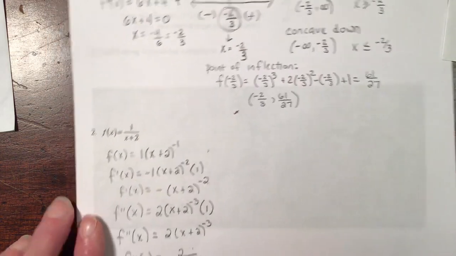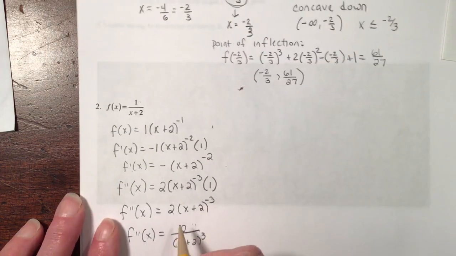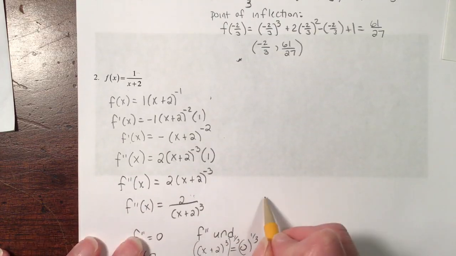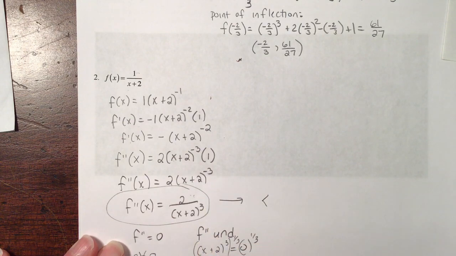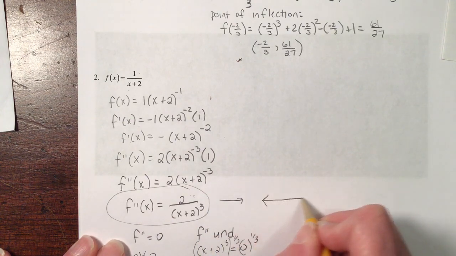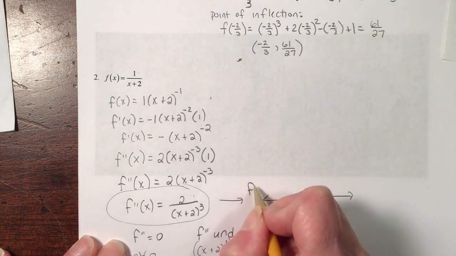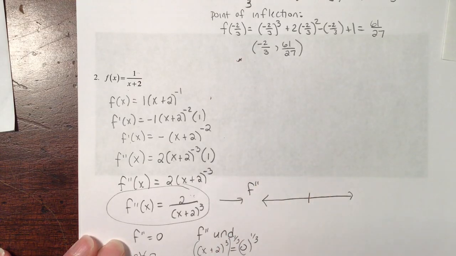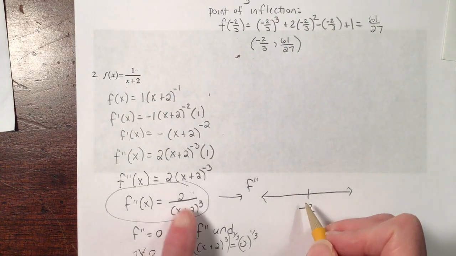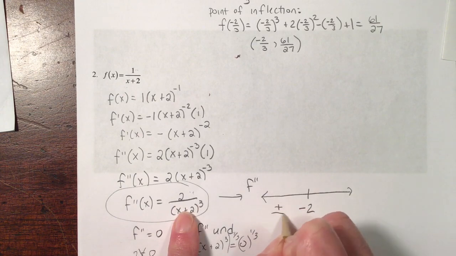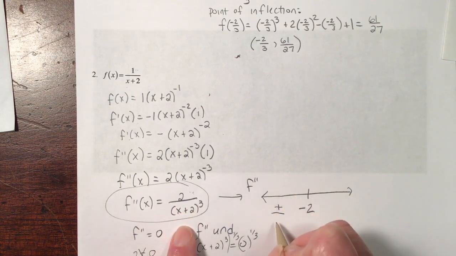I'm going to go back up. I'm going to make my number line for the second derivative. Notice, I pick the nice function here because it's easy to evaluate. Second derivative, -2. Pick a number less than -2. What's happening? When I have a number less than -2, my numerator is always going to be positive, and my denominator is going to be negative.